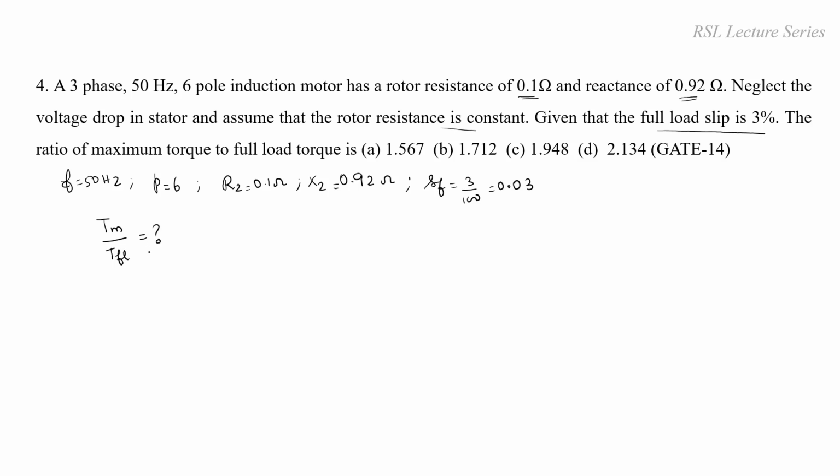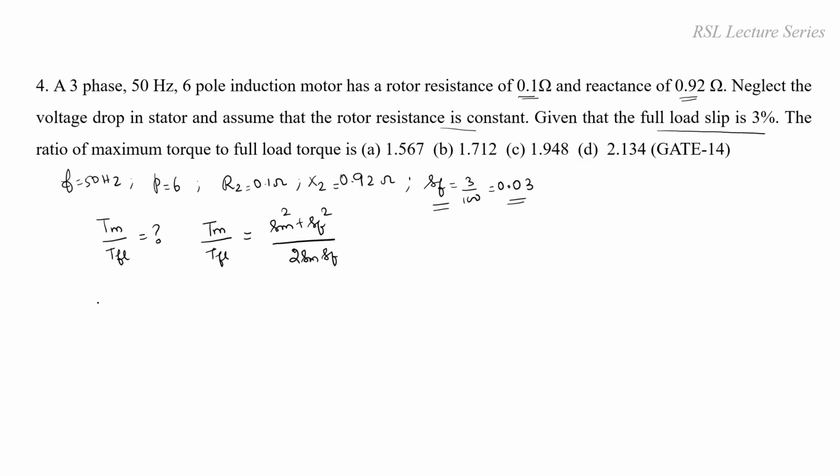Already we have derived the formula for the maximum torque to full load torque ratio, which is given by Tm by Tfl is equal to Sm square plus Sf square divided by 2 into Sm into Sf, where Sm is the slip corresponding to maximum torque and Sf is the slip corresponding to full load torque. Sf is given as 0.03.